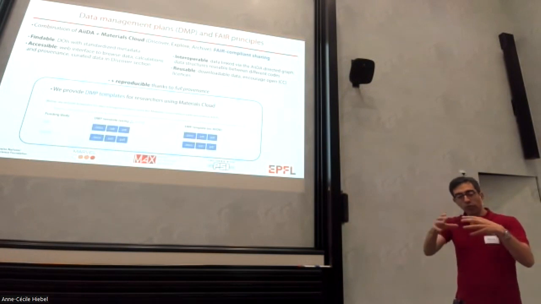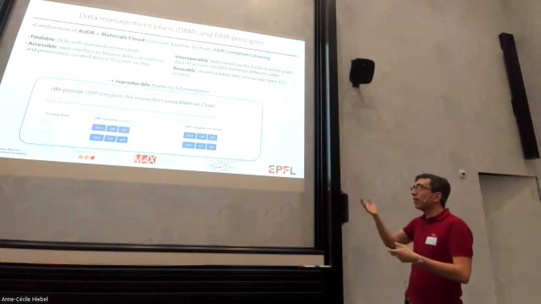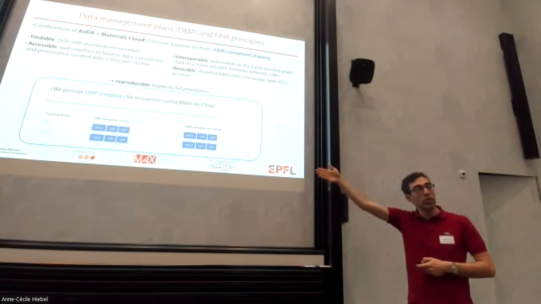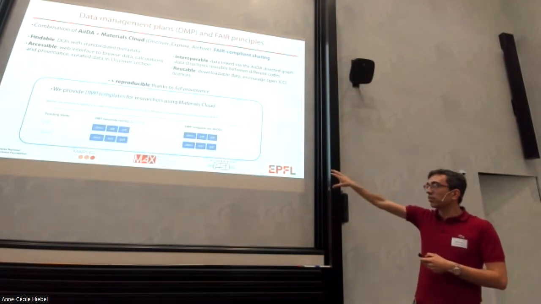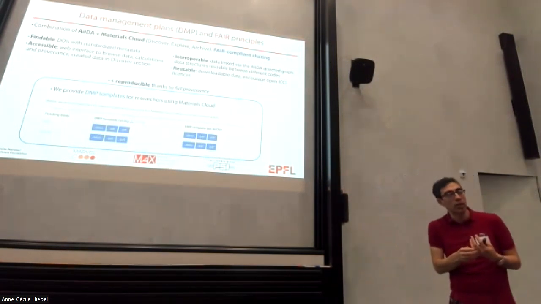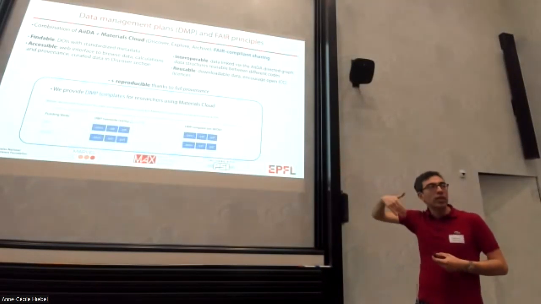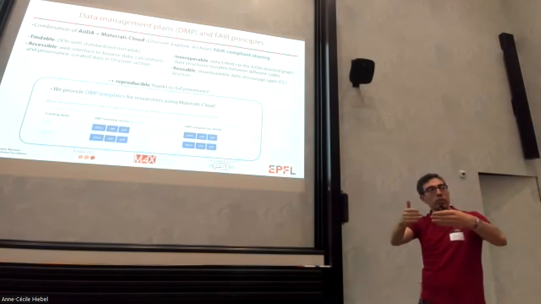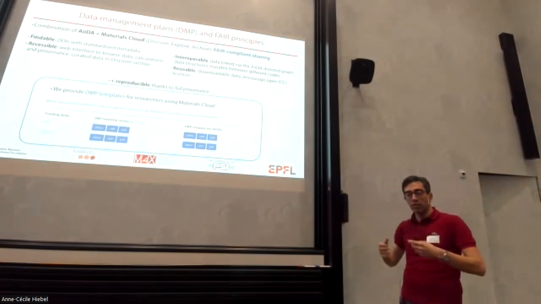And we enriched these templates with sentences which already explain how things are done if you deposit your data on Materials Cloud Archive, or if you use AiiDA. Then you just take this template and adapt your sentences. I think this helps a lot when you have to write a DMP, because maybe you don't know how data is stored, and we can explain there, okay, if you put data on Materials Cloud Archive, this is stored for 10 years by collaboration with CSCS, et cetera.